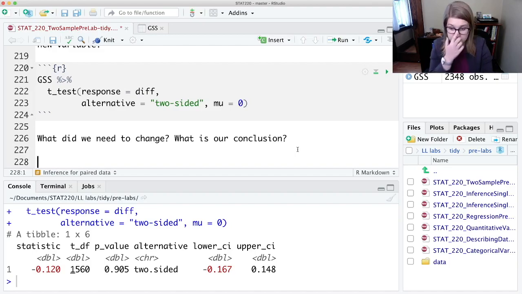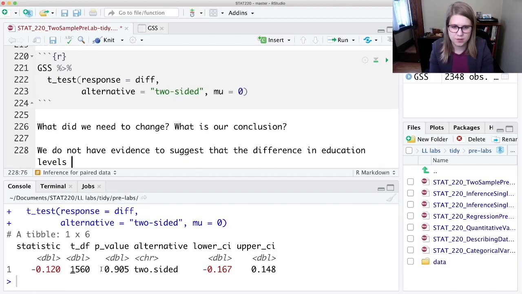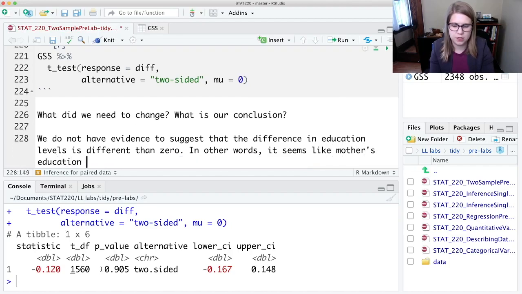And what is our conclusion? For the hypothesis test, we do not have evidence to suggest that the difference in education levels is different than 0. In other words, it seems like mother's education and father's education is about the same.